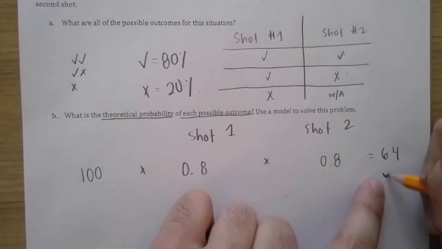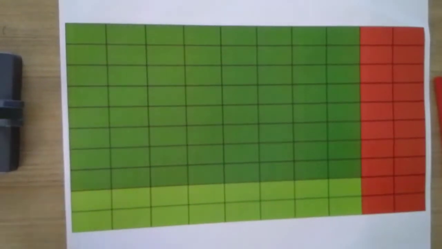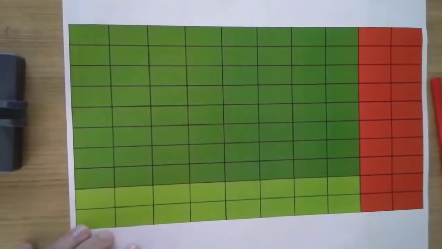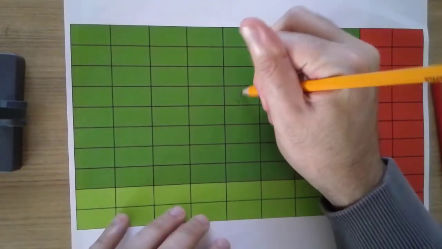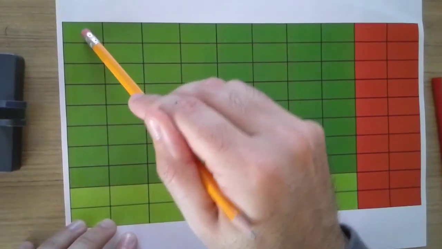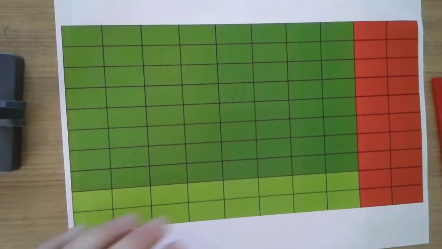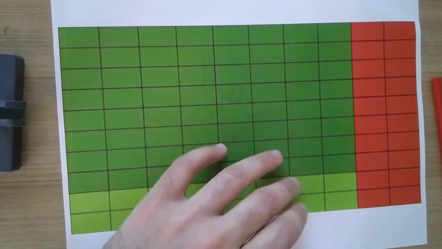And that is the chances of me making my first and making my second. We can find that here, where we have 64 dark green boxes that represent making both: 8 by 8. That's where I have my 64 makes.